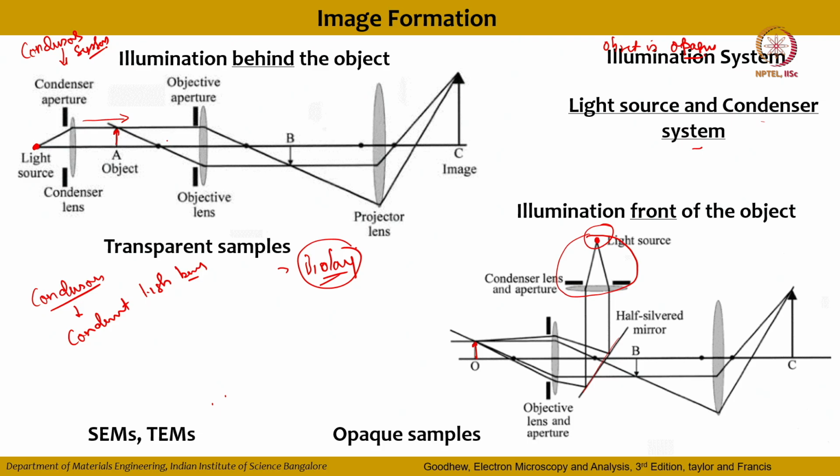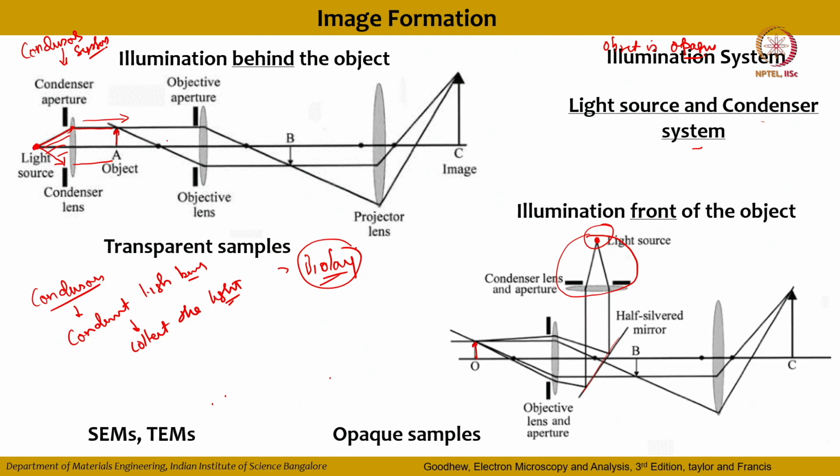Okay, so what is the condenser system? As I told you, it is necessary to collect the light which is diverging from the source. If there is a point source, you can see that the light is diverging. To make these divergent light rays convergent, or to converge these light rays, you use the condenser lens system.